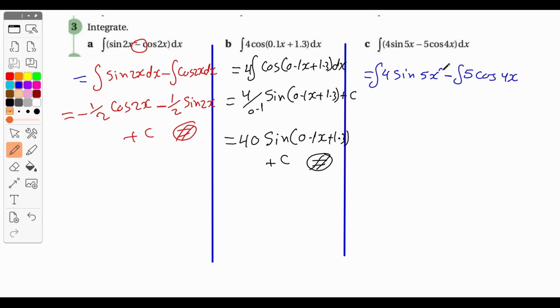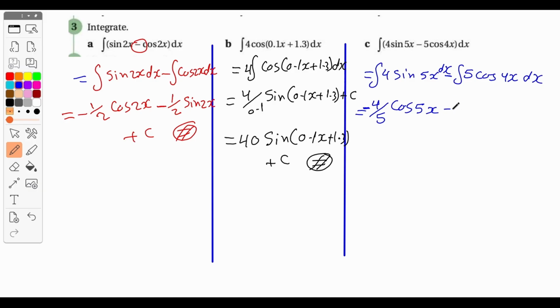Of course here dx and here also dx. Now let's integrate one by one. Keep the 4 outside. Then you should divide by 5, the coefficient of x, ax. And the integral of sine is negative cosine, so don't forget the negative. 4 over 5 cosine 5x.